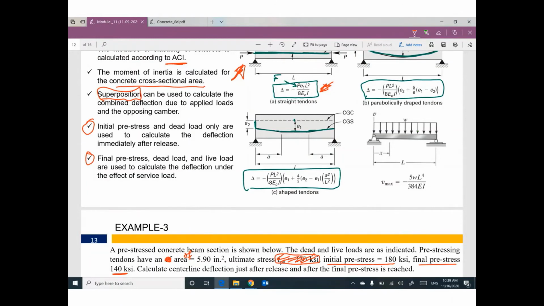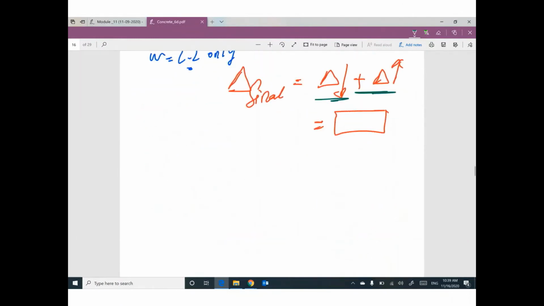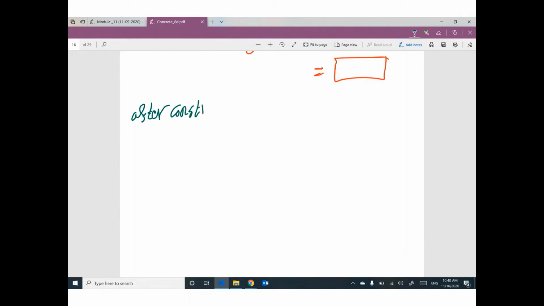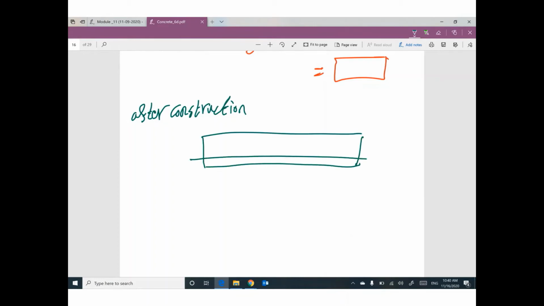I covered it last meeting, and I would like to repeat it. Just after construction, one second after construction, the beam is under the effect of the initial pre-stress force, and the bridge or the building has not been used by anybody.